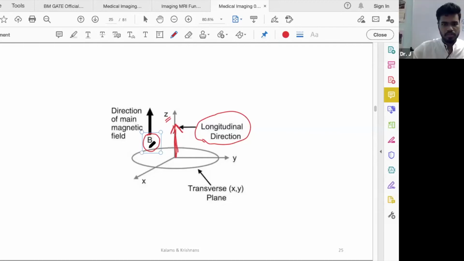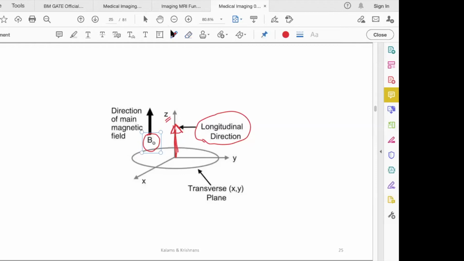If you apply a magnetic field, most of them will align with the external magnetic field, the longitudinal direction. A small percentage go against it, which is known as anti-parallel magnetization. But the net will be towards the longitudinal direction. Are you all with me?